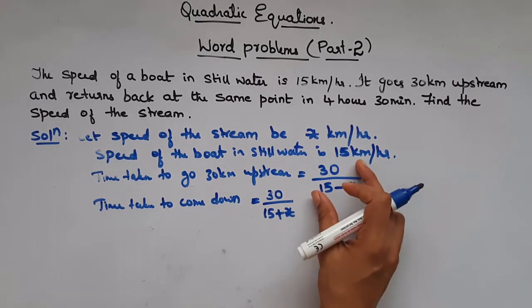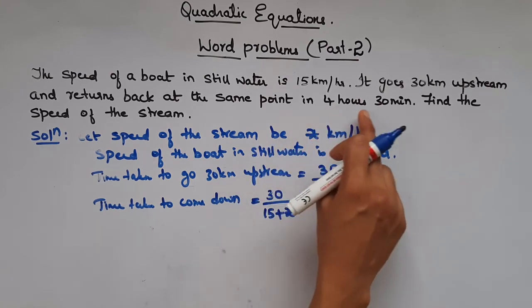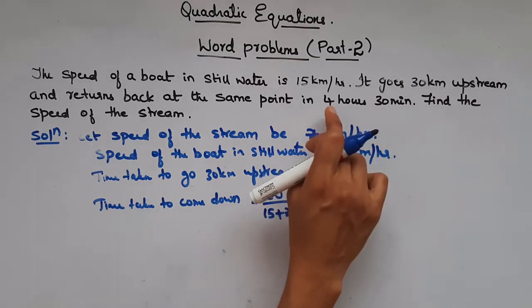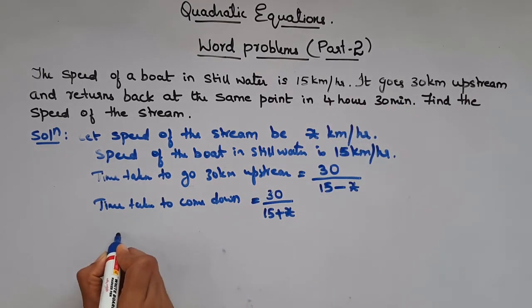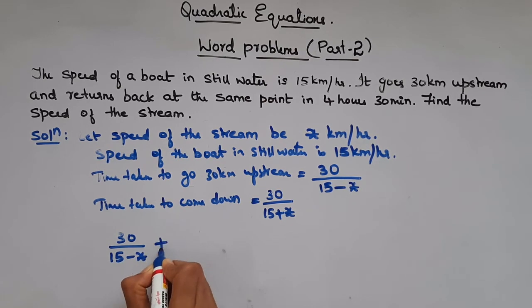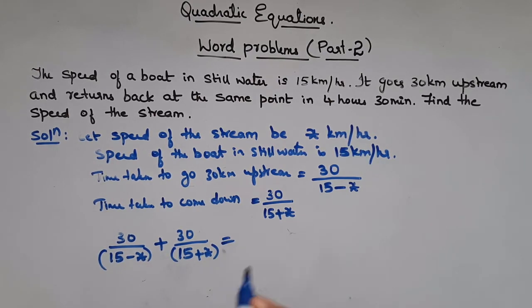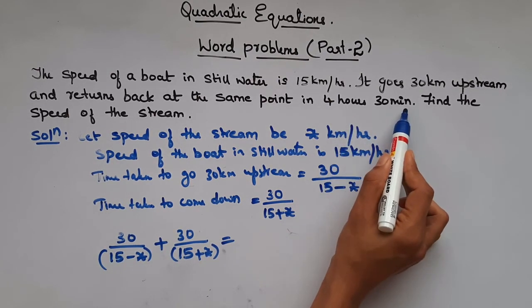So the total time is given as 4 hours 30 minutes. So the total time is this plus this is 4 hours 30 minutes. So that is 30 by 15 minus x plus 30 by 15 plus x is, so here we have 4 hours 30 minutes.